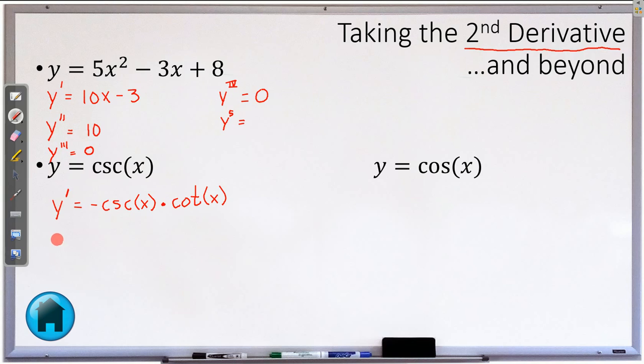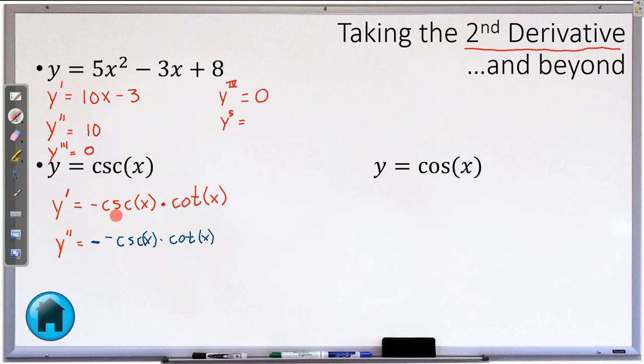Now if I want to take the second derivative, things get a little more complicated because we have a function times another function, which means we have to do the product rule. We take the derivative of the first, the derivative of negative cosecant. This is simply the derivative of cosecant again, so there's the original negative, but the derivative of cosecant is negative cosecant x times cotangent x.